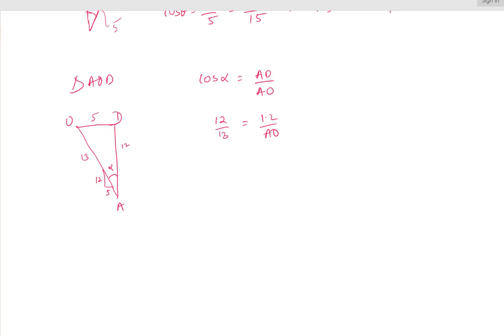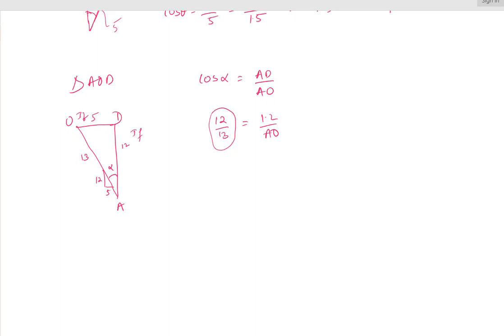These are not the actual dimensions, but going by the slope, say if OD is 5 and if AD is 12, then AO would be 13. So cosine alpha would always be in this ratio.